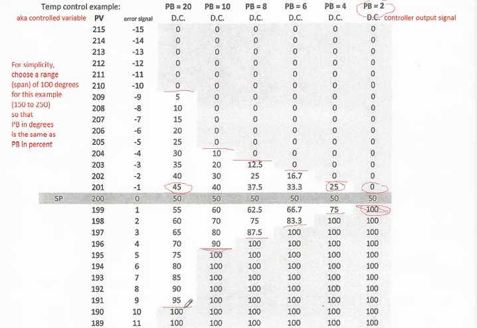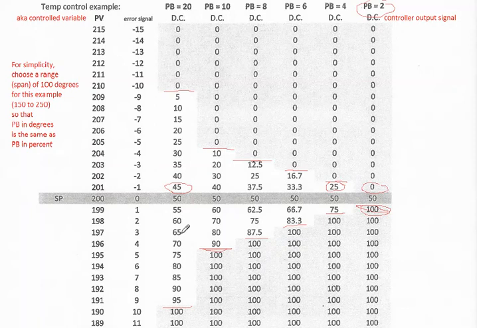So what happens? The control signal starts to throttle back. It decreases to 95% when you're within 9 degrees of where you want to be. Now you're at 90% when you're within 8 degrees, and so on. It's like a plane coming in for a landing, you're throttling back: 85, 80, 75.